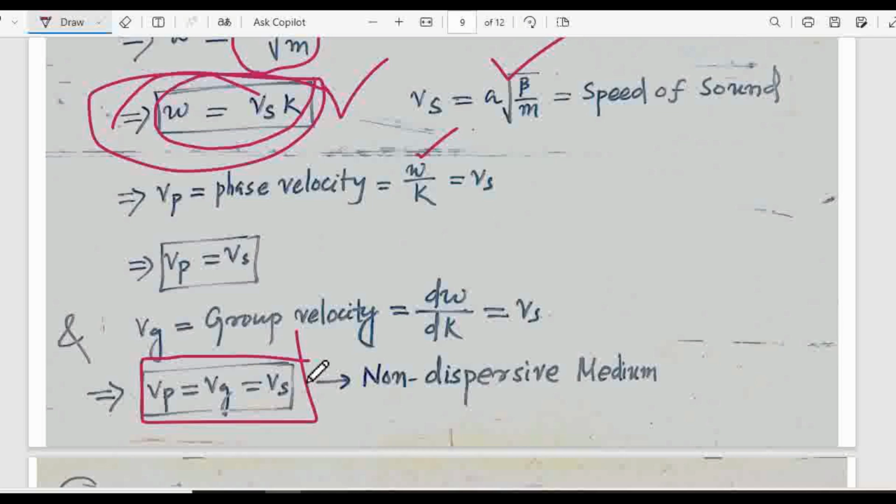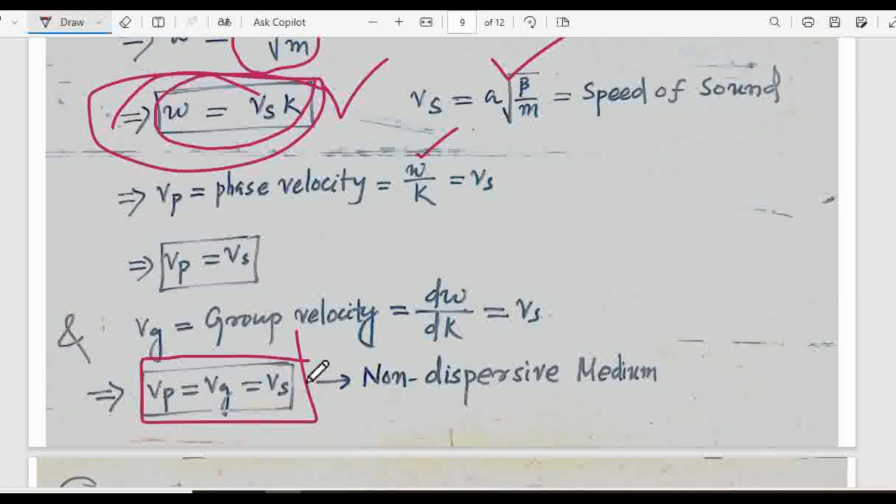What is a non-dispersive medium? A non-dispersive medium is the kind of medium in which the wavelength depends on the refractive index of that medium. For example, let's suppose we are beaming a light in vacuum. Let's suppose there is a torch and you turn on the torch in vacuum.